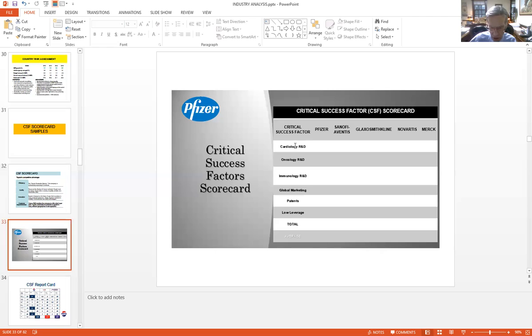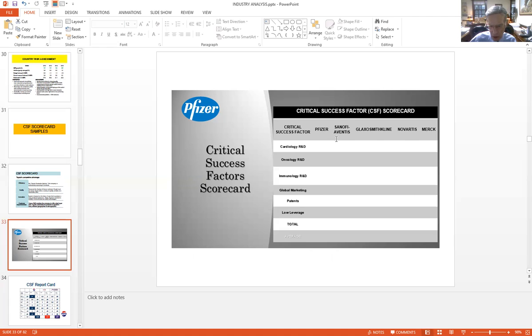And then this team identified what it believed to be the most important functional capabilities that separated winners from losers, perhaps in this strategic group, because you can see lots of mentioning of specific functions such as cardiology, oncology, immunology, global marketing, patents, low leverage, don't want to be at too great a risk financially.